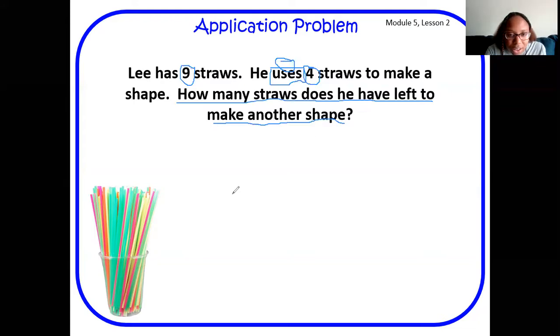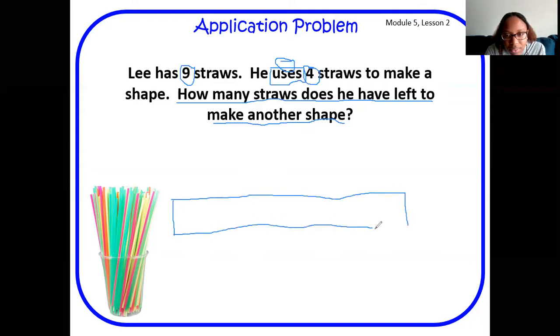So I know that 9 will be my whole number. Now here I'm going to draw an outline of my tape diagram. And I remember that he has 9 straws, so I'm going to write that right here because that's my whole.